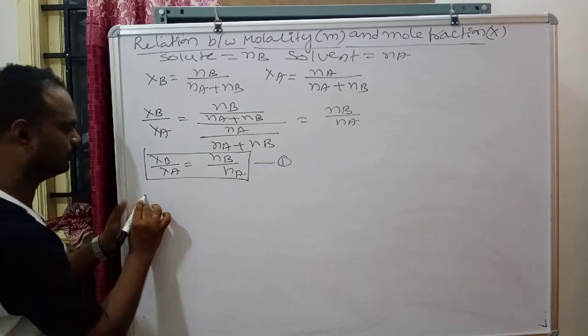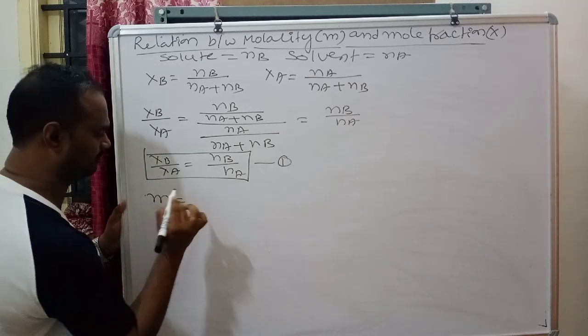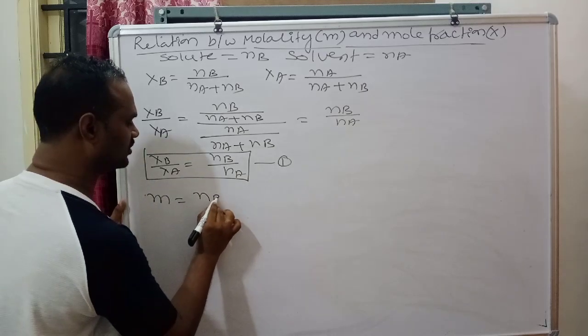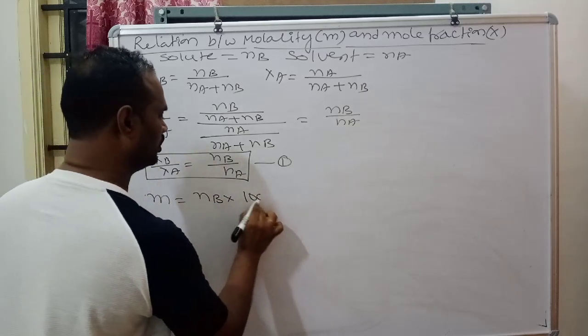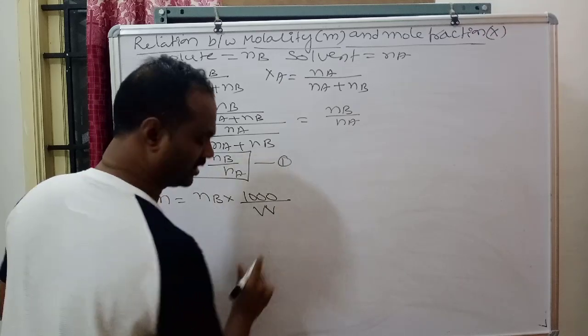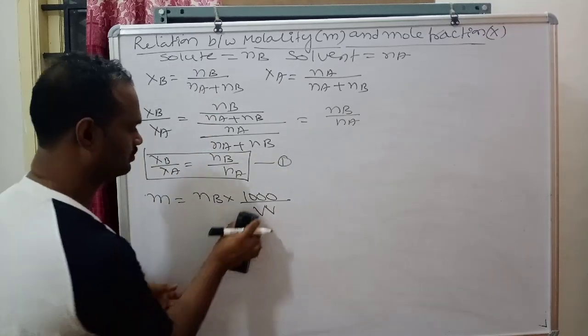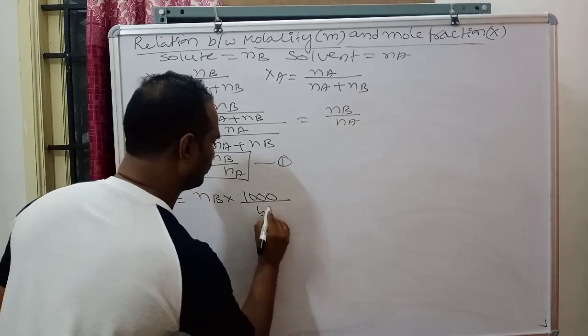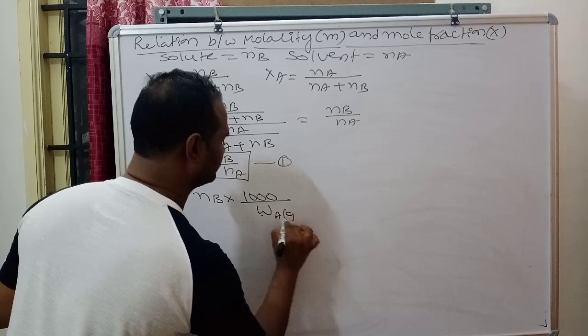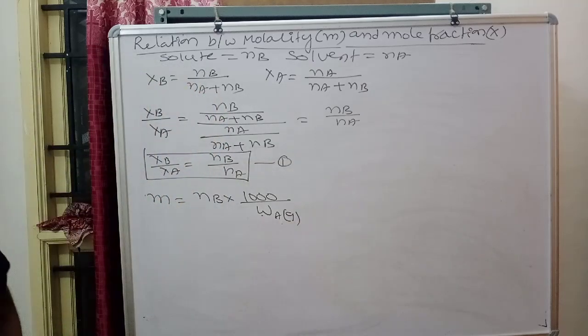Now come to the molality formula. Molality m is equal to number of moles of solute into 1000 by mass of solvent. Solvent means A, mass of solvent.